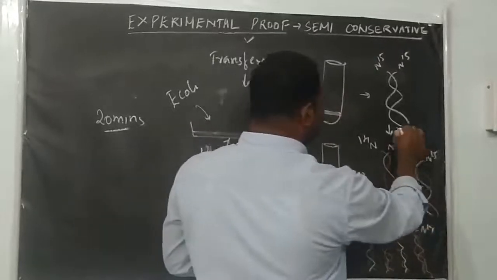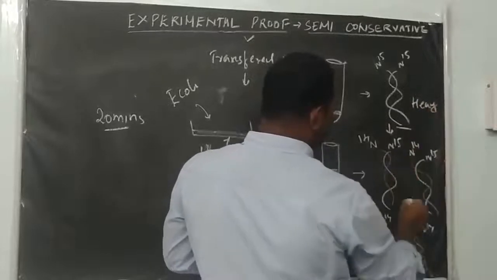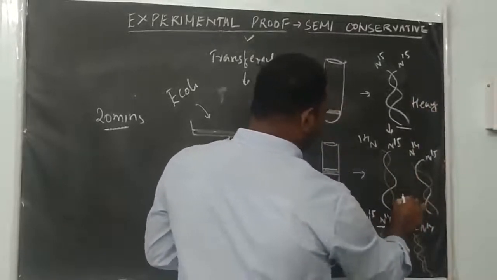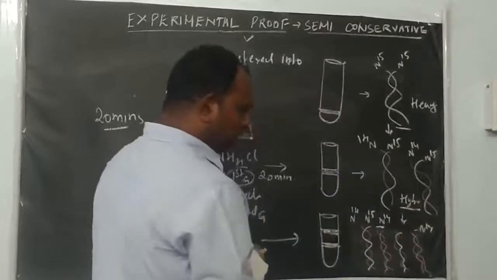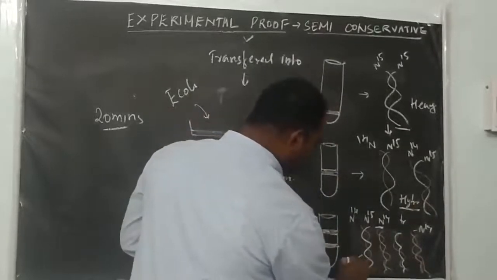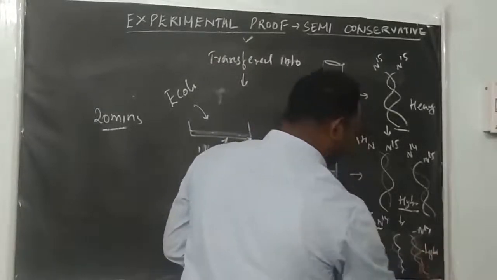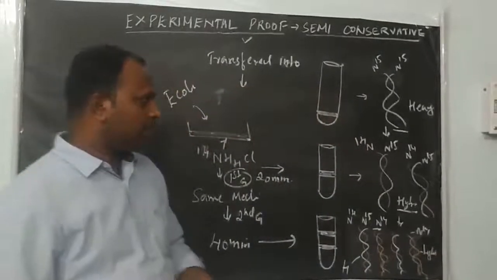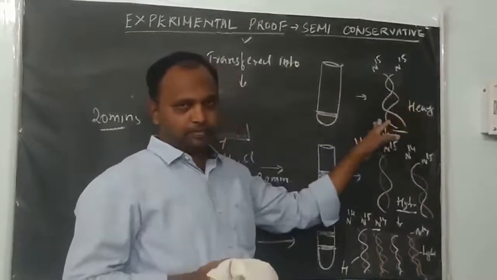Here this DNA molecule is heavyweight, but this one is intermediate. It's a hybrid. This one is also a hybrid, and these 2 are lightweight. Here the DNA is heavyweight because N15 is incorporated in both strands.